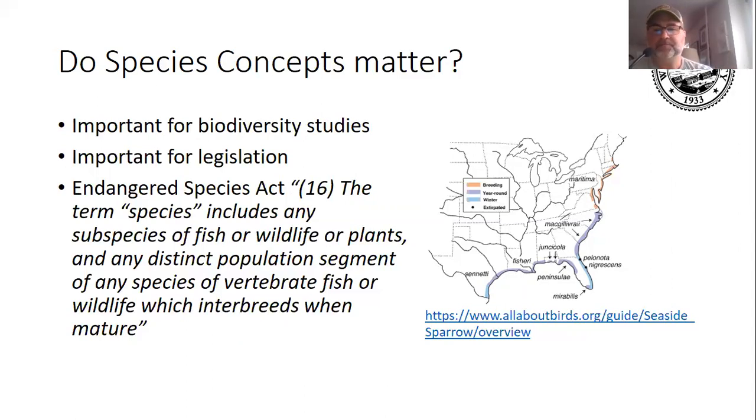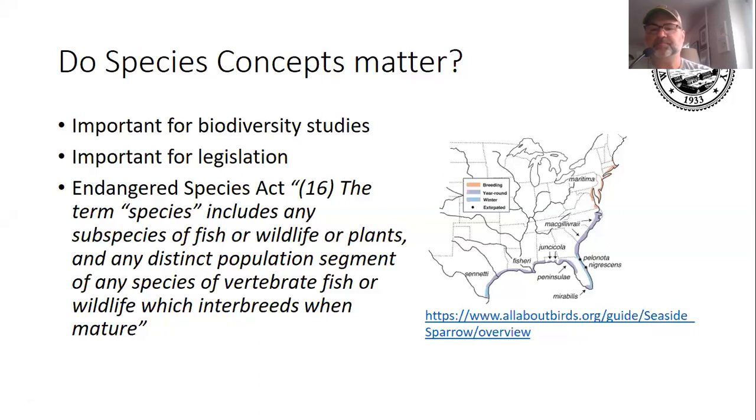And these things matter. So the dusky seaside sparrow made the news a few decades ago because it was disappearing, and we brought a number of individuals in. I think it was 4 males and 1 male, and it was the seaside sparrow along the lower Florida coast, and I believe it was the nigrescens.